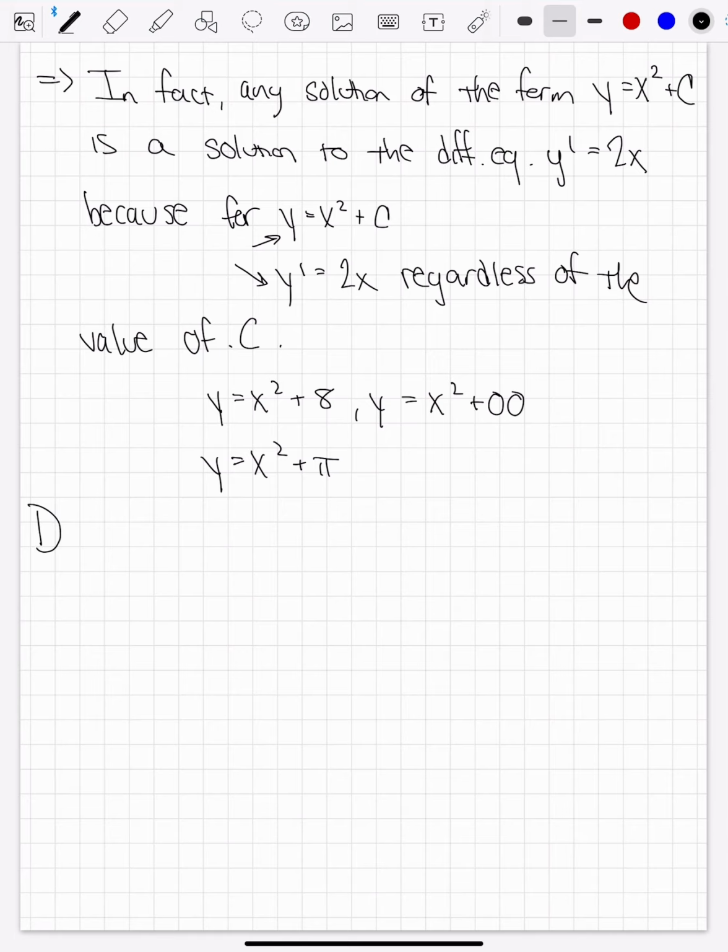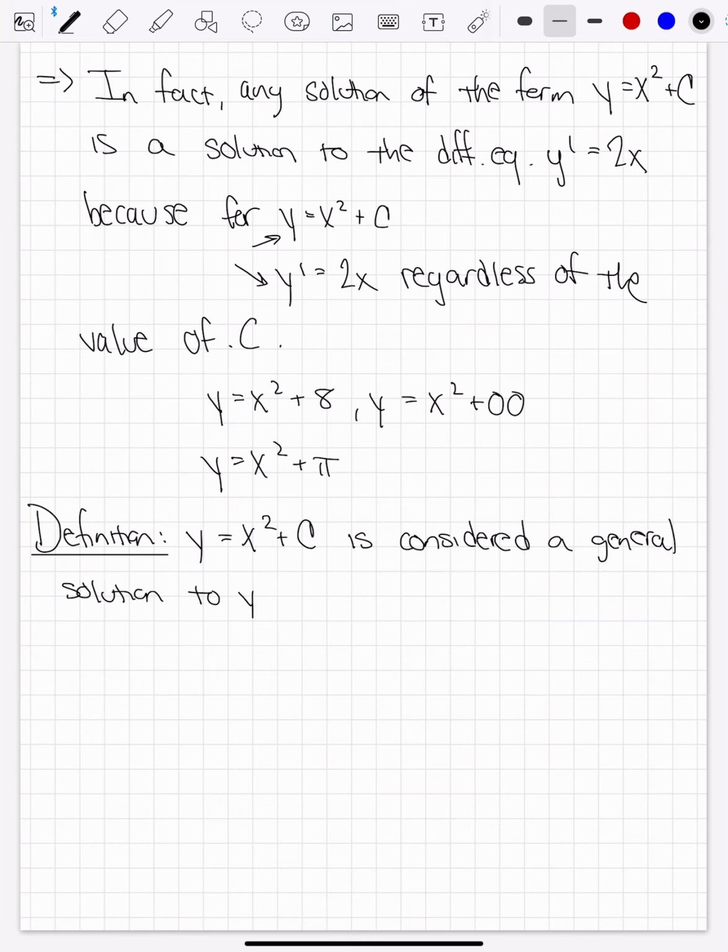And so this is the reason why we have to distinguish between general solutions and particular solutions. So y equals x squared plus c is considered the general solution to the differential equation y prime equals 2x, whereas when you set a specific constant, that is a particular solution.